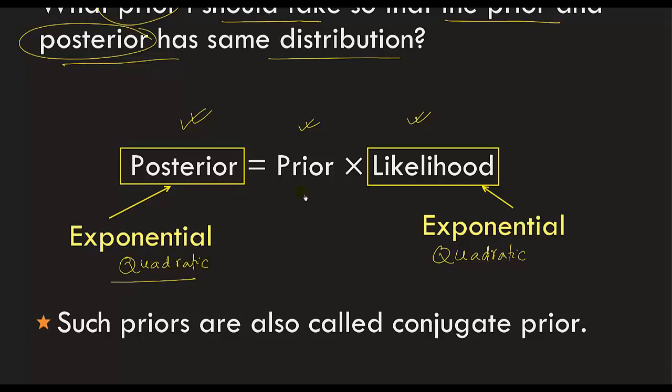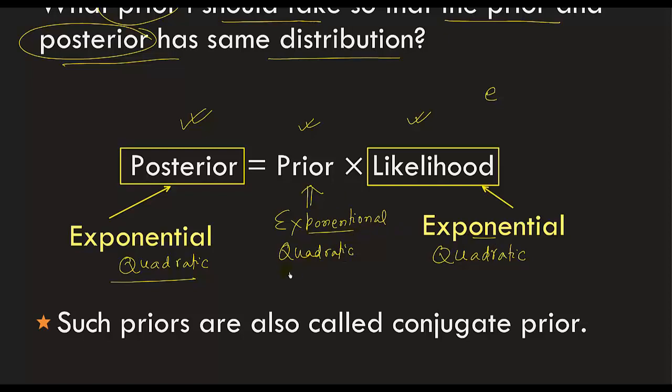Of course, I take an exponential prior. What will happen if I multiply prior and likelihood? A product in the exponent becomes a sum. So if I take exponential quadratic here also, this is exponential, this is exponential.